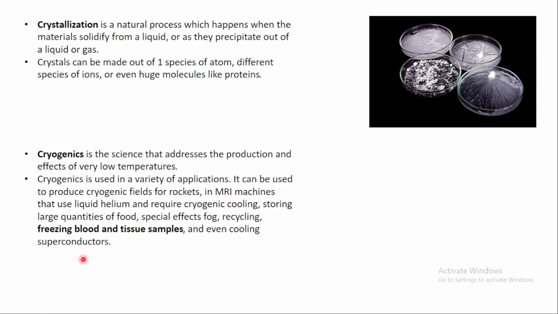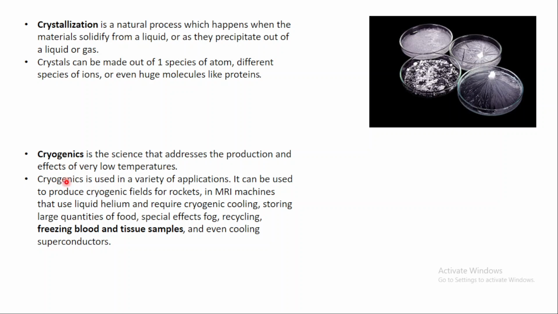So in cryogenic science, mostly we use liquid nitrogen in our lab or in day-to-day cryogenics facilities, because liquid nitrogen can produce very low or sub-zero temperatures. This cryogenics can be used in rocket fuel, because burning of rocket fuel produces a lot of heat energy.